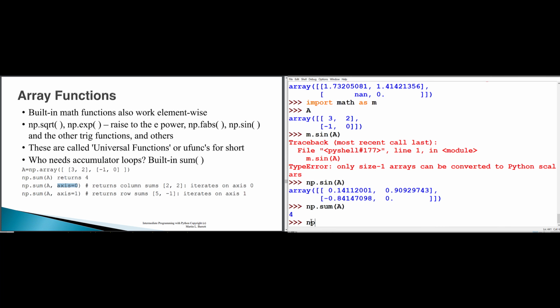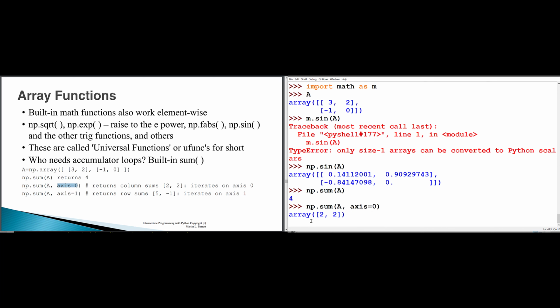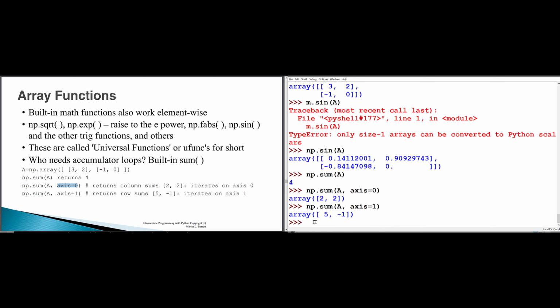All right, so if I say np.sum of a, axis equals 0, this means that I want to get an array containing the sums of the columns. Okay, so notice 3 plus minus 1 is a 2, 2 plus 0 is a 2. Whereas if I ask for the sum over axis equals 1, this will give me the sum over the rows. Okay, so I get 3 plus 2 is 5, minus 1 plus 0 is minus 1.